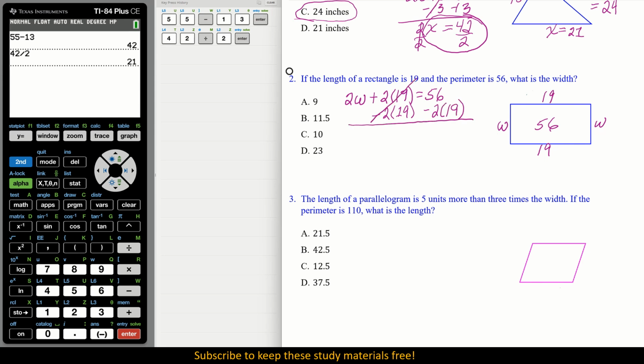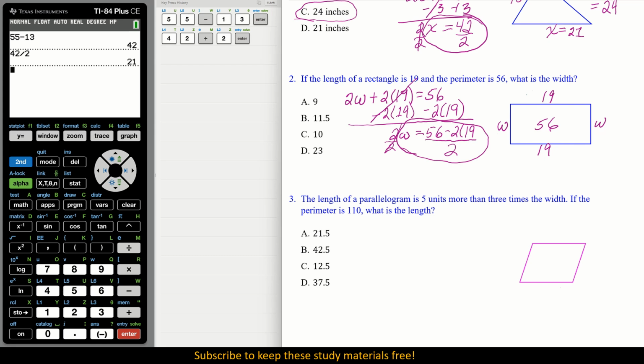This is gone. That cancels out. So we have 2W equals 56 minus 2 times 19. Now we divide all that by 2. This gets rid of 2 over 2. That cancels out. So that's what we put in our calculator.